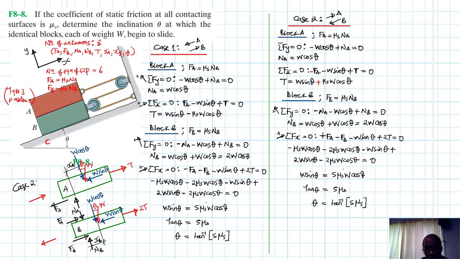So this one will be positive, and this one, W sine will maintain the way it is, and therefore this is positive, and this is positive, just these two. The rest remain the way they are, and also this one T here is positive, right? T we said is also positive, like so.